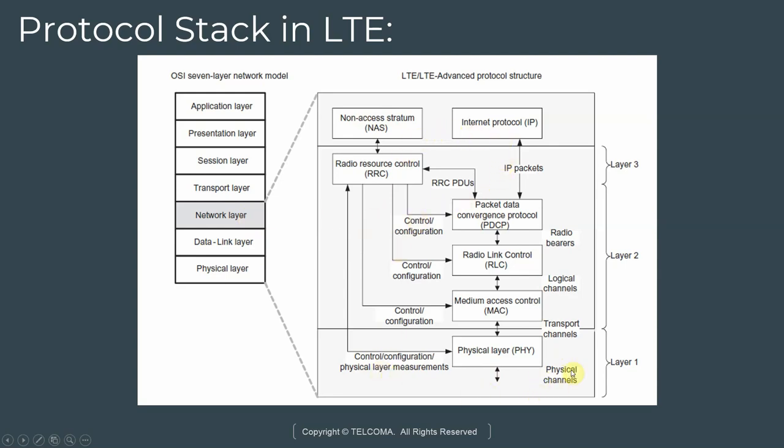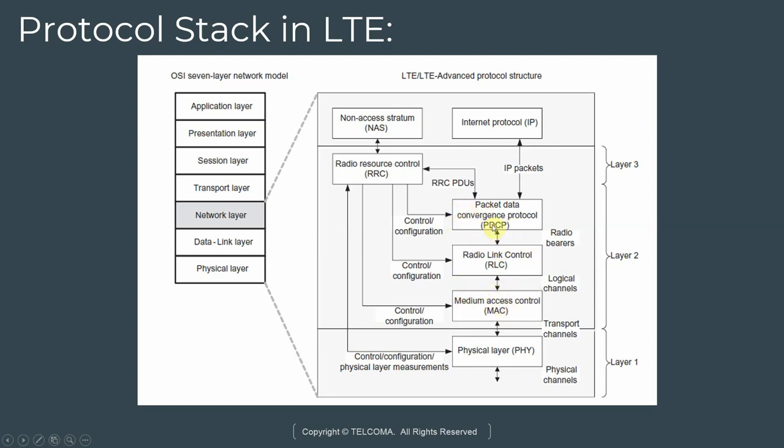We have layer 1, layer 2, layer 3, and on layer 1 we have the physical, and then on layer 2 we have the MAC, radio link control, and PDCP, and layer 3 is the RRC. So what we have essentially done is we have taken the OSI model, and what 3GPP did was it broke out within each of these layers what the different protocols are, and in some cases it actually split the layer into multiple protocols, like you can see here in layer 2.